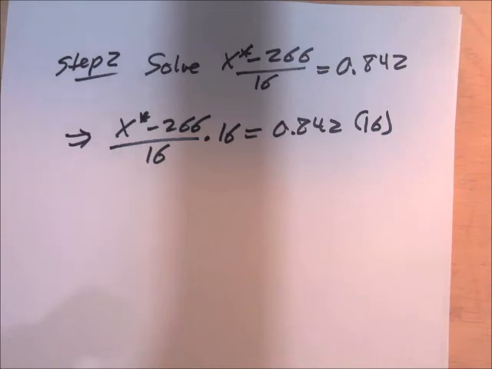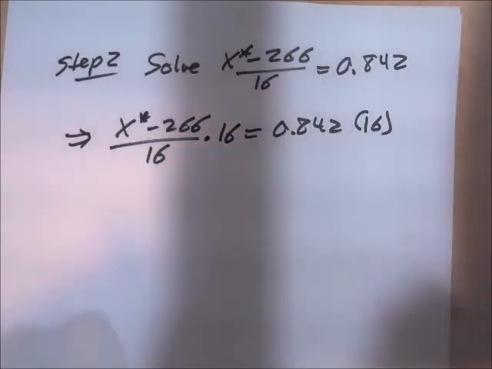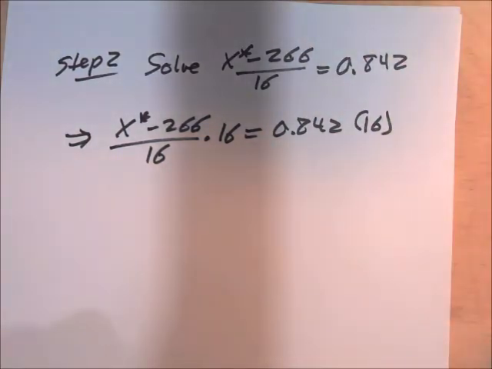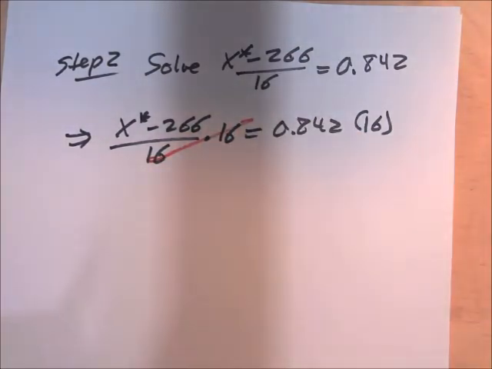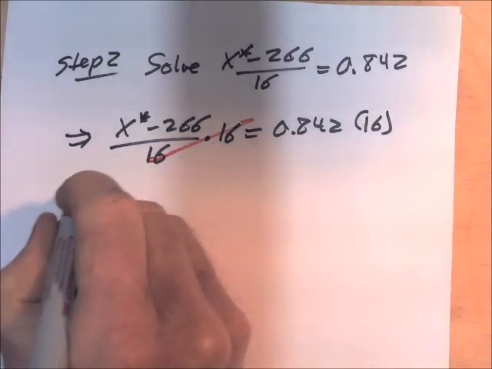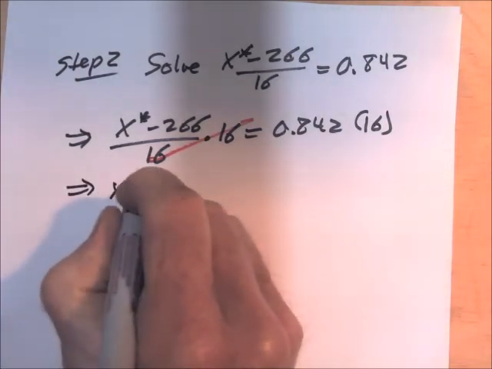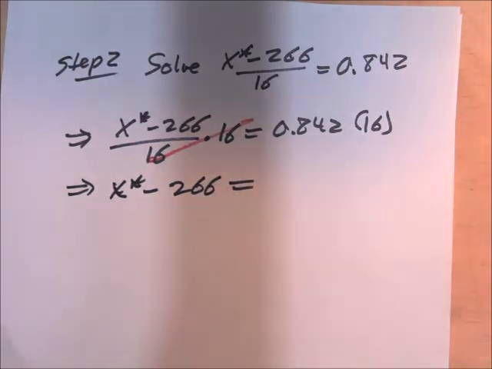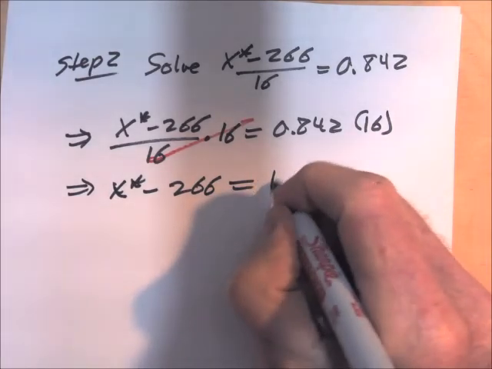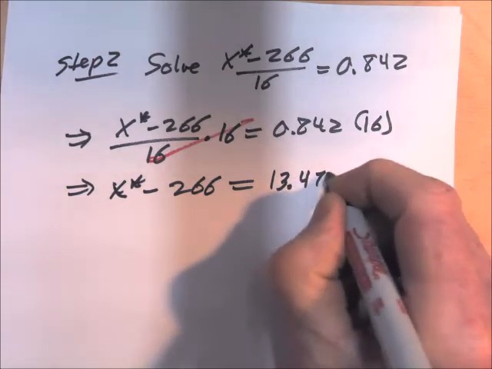On the left side, the 16s will cancel. So we'll have x star minus 266 is equal to 0.842 times 16, 13.472.